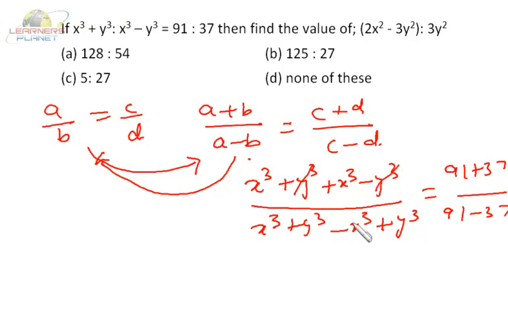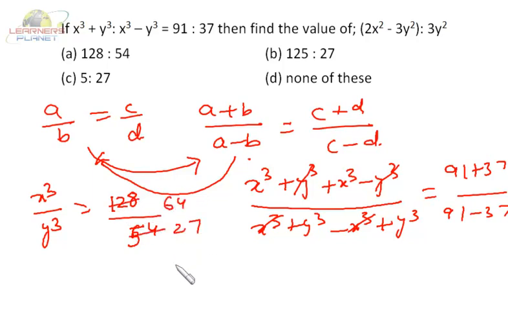Y cube is cancelled, here x cube is cancelled, 2 times x cube by 2 times y cube, that is x cube upon y cube is equal to 91 plus 37, that is 128 upon 91 minus 37, I'm sorry, it will be 54. Now 128 is 64 times 2 and 54 is 27 times 2. That means x cube by y cube is 64 by 27.